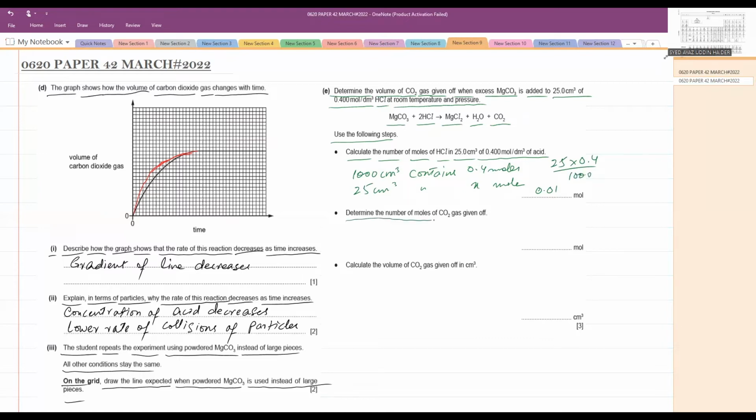Next one, determine the number of moles of CO2 gas given off. In the next one, you need to calculate moles of CO2. According to the reaction, 2 moles of acid gives 1 mole of CO2.